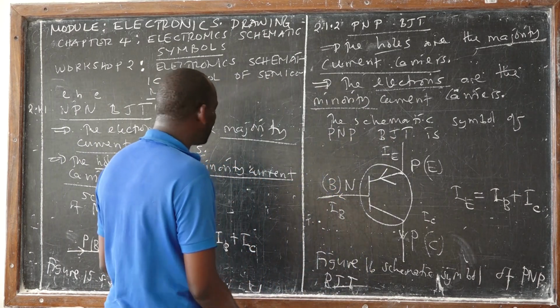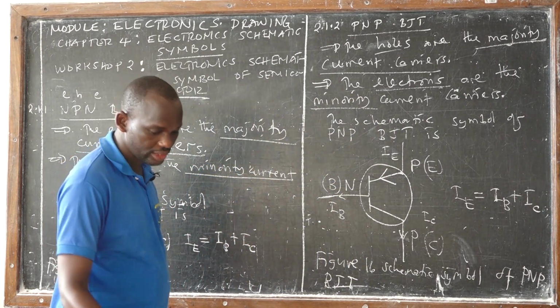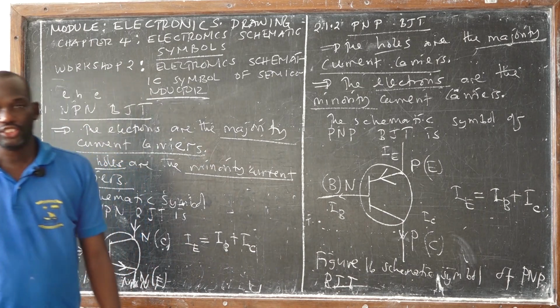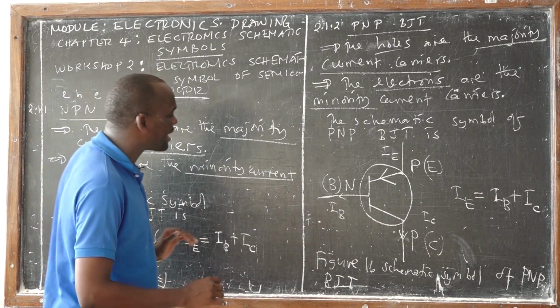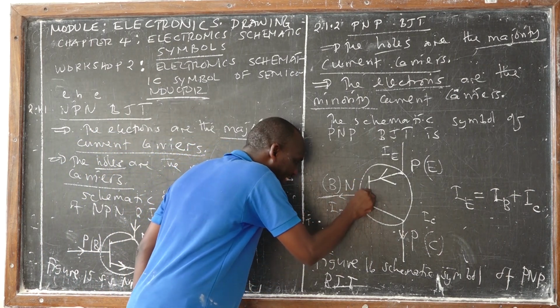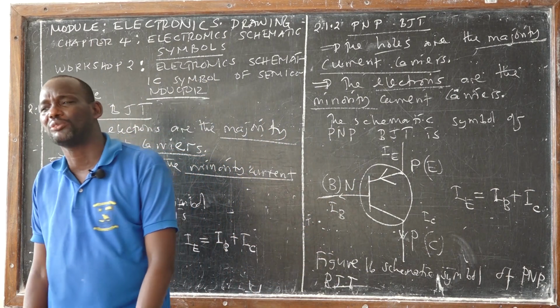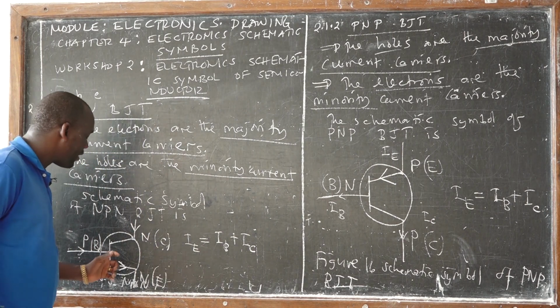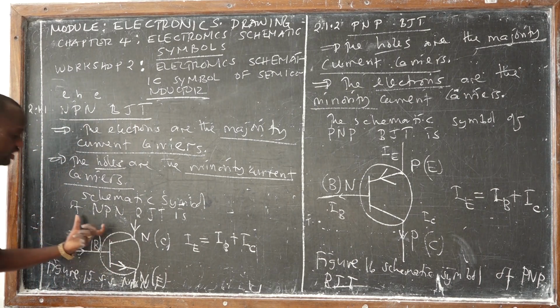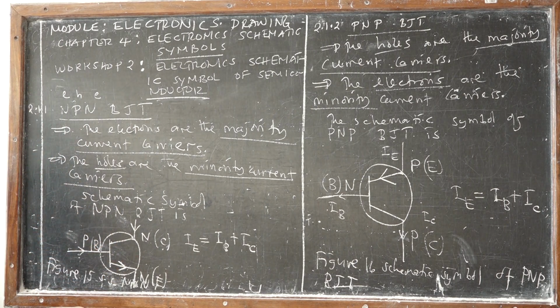The physical appearance. Let me address the physical appearance, how physical transistors are manufactured. First of all, in this world we have so many types of transistors. For instance, you may find more than 20 types of NPN transistors, and those are still few.